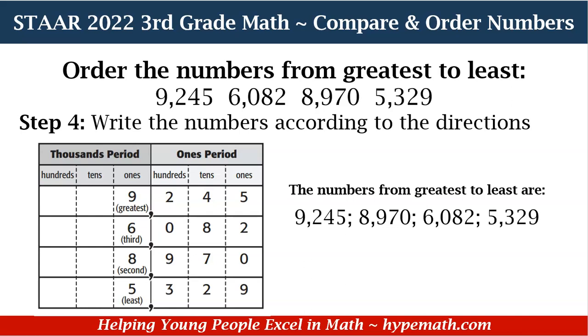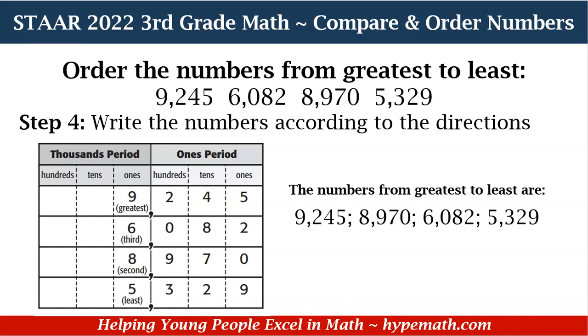That's our first number that we're going to write. And then we're going to look at 6, 8, and 5. So then what's the largest number after 9? Well, it's 8. So 8,970 is our second number.